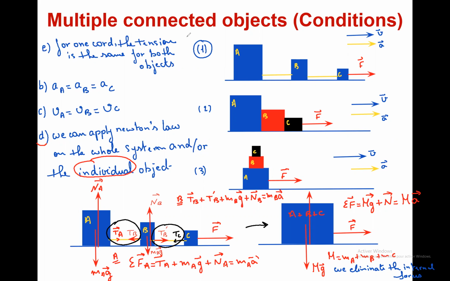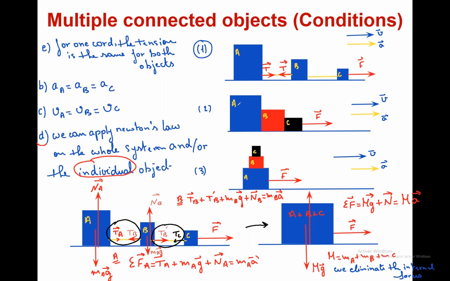If we take the first case, we have a tension between A and B. We have one cord, we have TA and TB. For the same cord, we must have the same T. So they have the same T as magnitude, but they are opposite in direction.